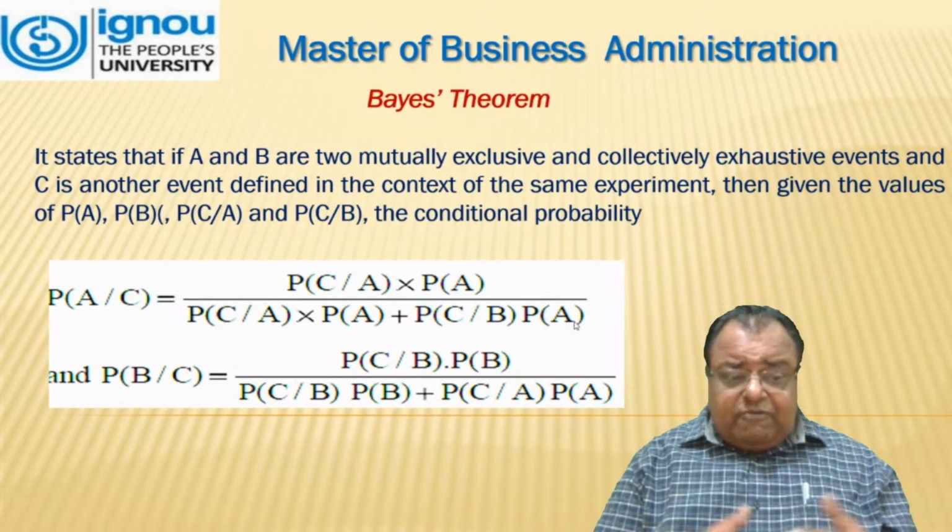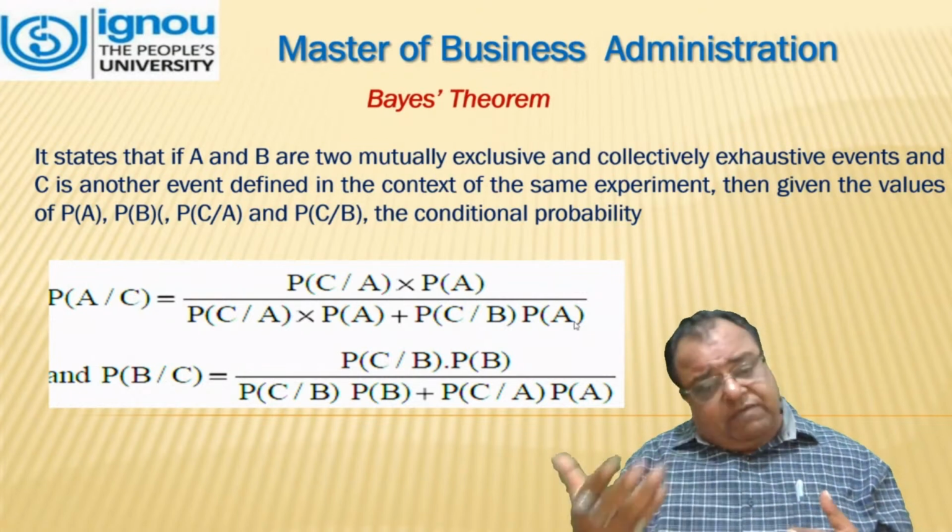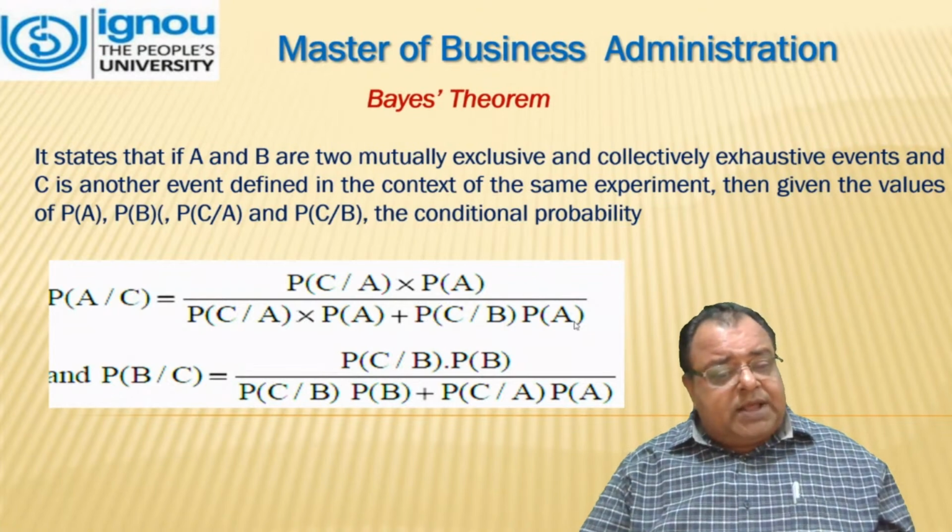If we talk in terms of B and C, the B part will come up and the denominator will remain the same.